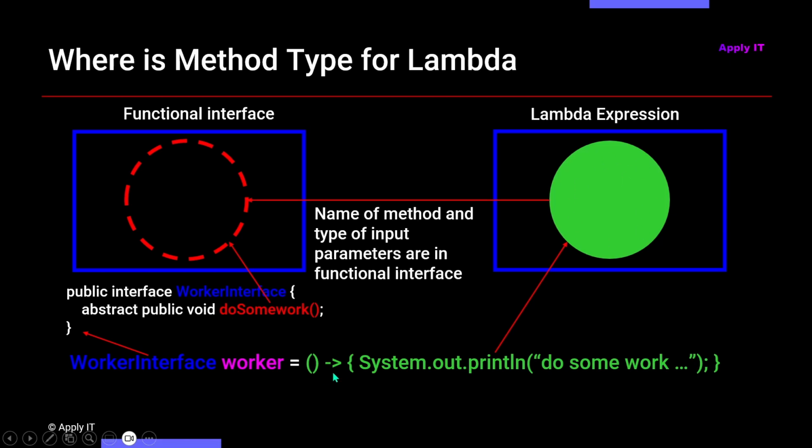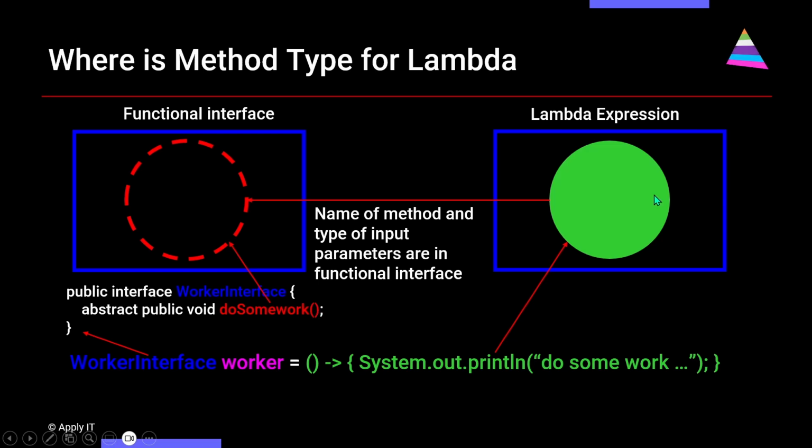Earlier we learned that whenever we write a lambda expression, we are not going to write the name of the method, and whenever we have any parameter, or we can say input, to this method, we are just going to write the names of the variables. We are not going to write the type of those variables. So the name of the method and the type of input parameters are in the functional interface. In this case, if I want to find out the type of this lambda expression, it is this one, where the name of the method is doSomeWork, it is returning void, and input is nothing.